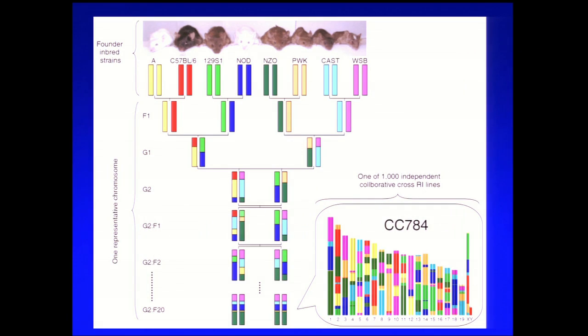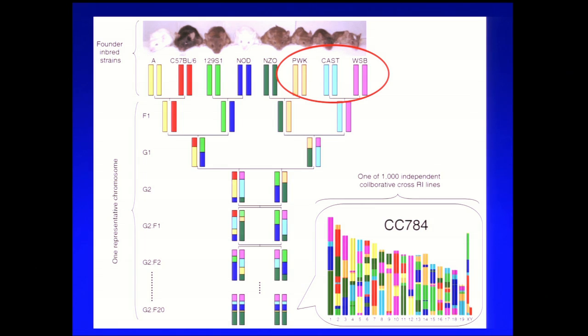There is a bit of bad news as far as I'm concerned, and that is what was done in order to maximize the diversity in this resource was including three what are called wild-derived strains. Most of the inbred laboratory strains that we use are the ones that are derived from the strains that I showed you earlier.